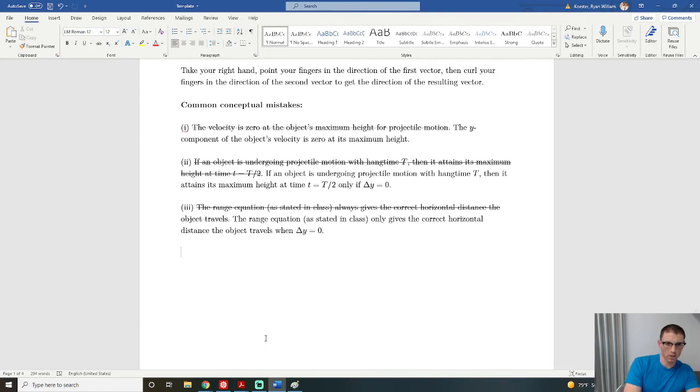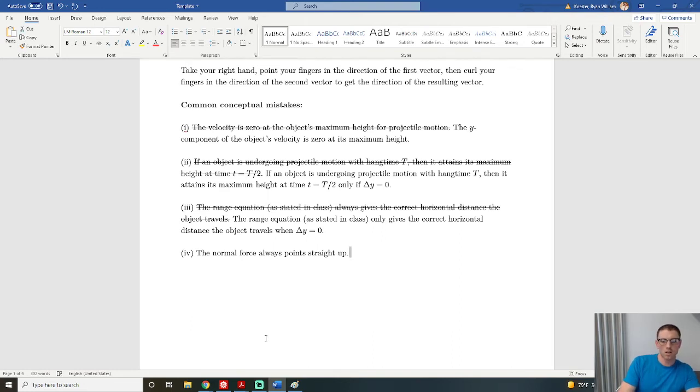Okay, so let's talk about the conceptual mistakes we might encounter when working with Newton's laws. Here's an easy one, I think. So the normal force always points straight up, right? And this is not correct because it depends on the surface on which the object is situated, right?